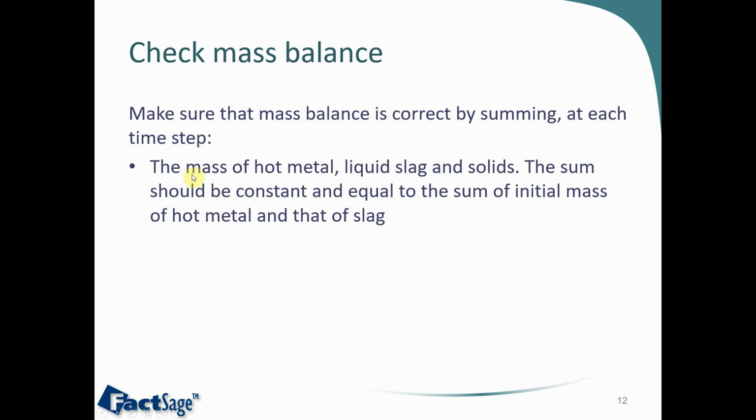The sum of the masses of these three phases should be constant and equal to the sum of the initial mass of hot metal and that of slag, because we don't have any material loss or gain in our process. It means that at each time step, I should have the same amount of total material. Each phase might differ, but if you sum all the masses, it should be constant. So let's try to do that.